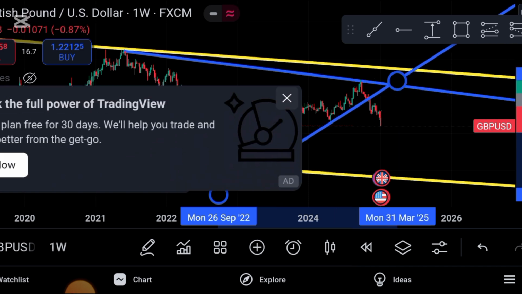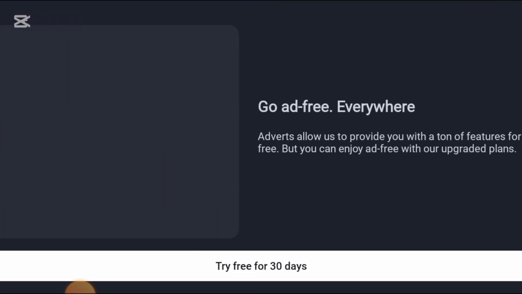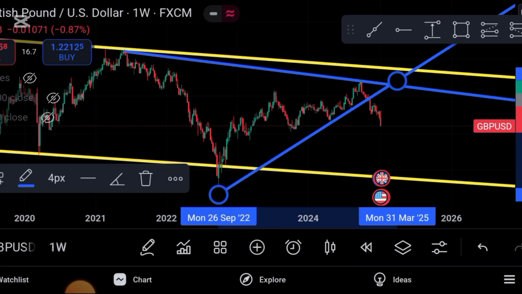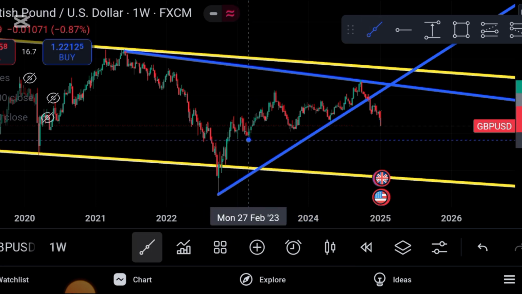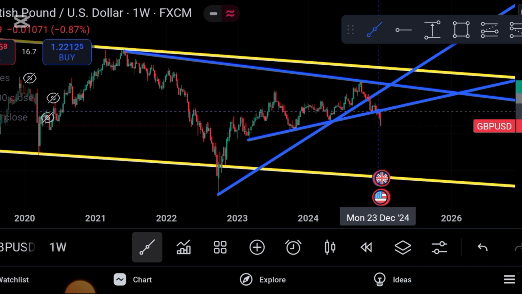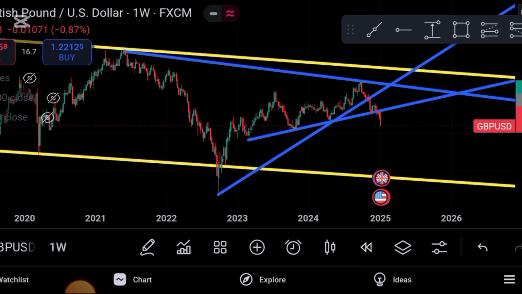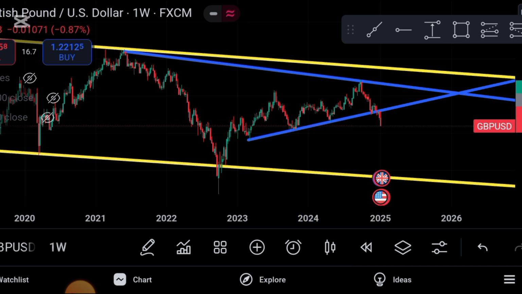So for us, this right here on the weekly chart, we just have a breakout. We don't have a valid trend line here. We can draw another trend line from this touch point and try to find two more touch points. And as you can see, that also gives us a breakout. So we are going to delete this trend line.